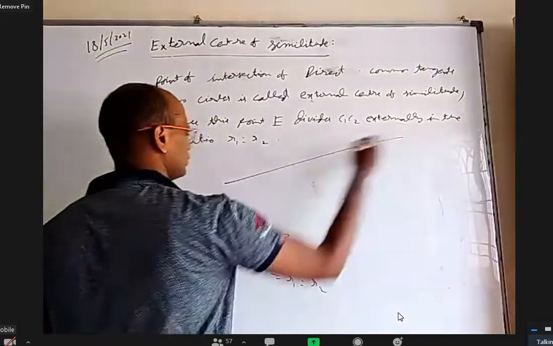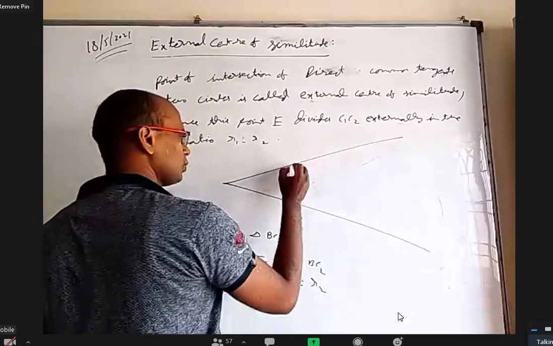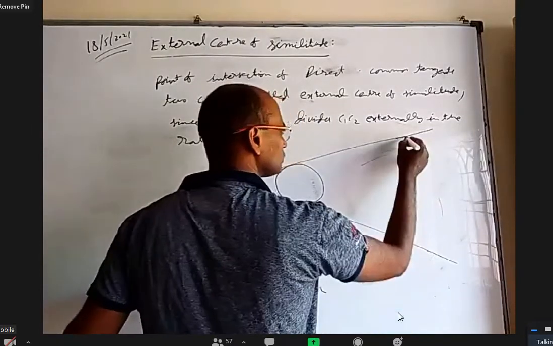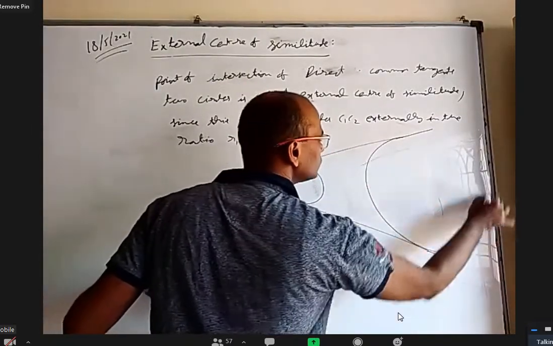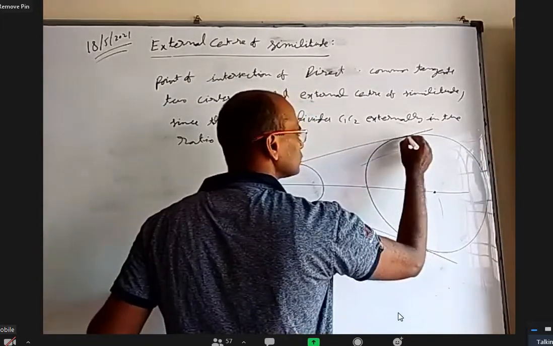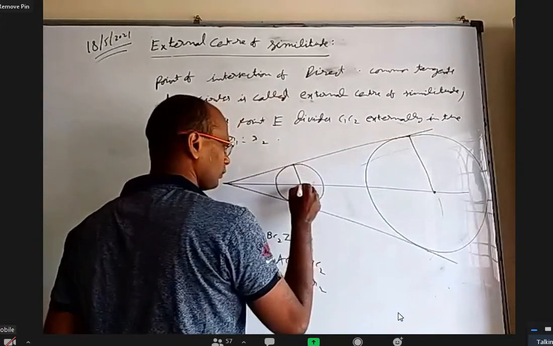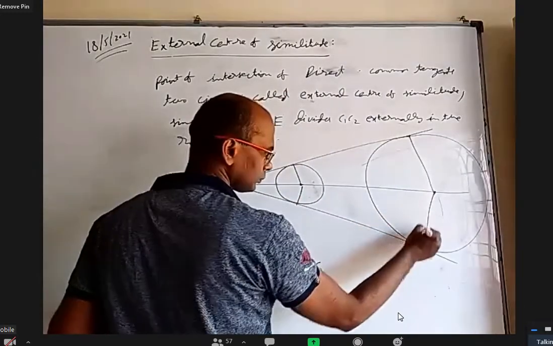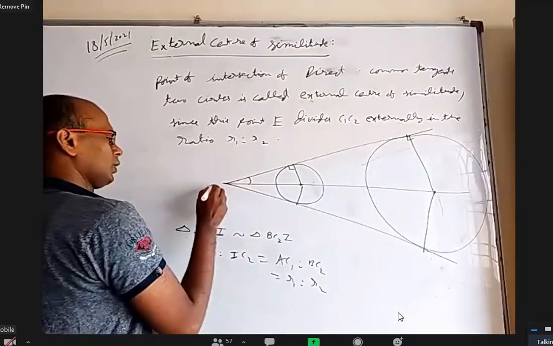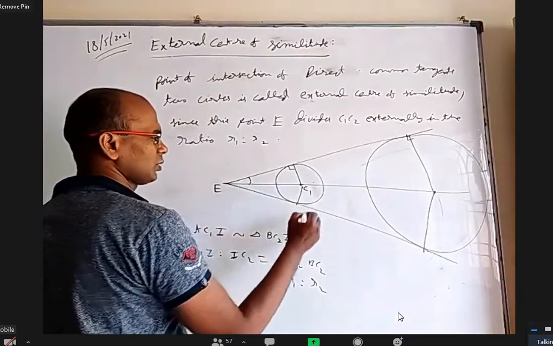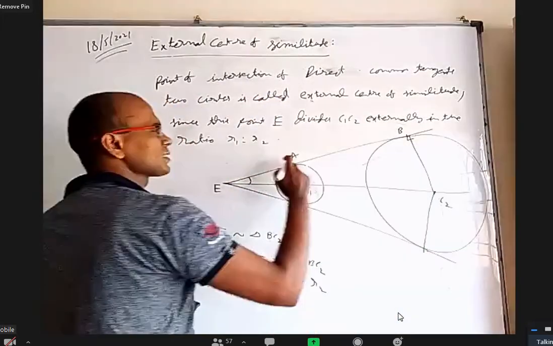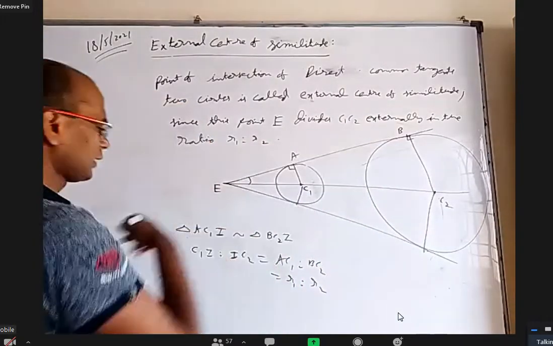Okay, so we have two circles. This is E, this is C1, this is C2, this is A, this is B. This triangle is similar to this full triangle.